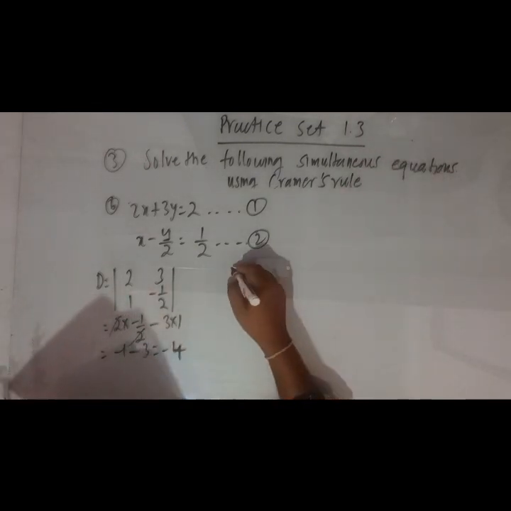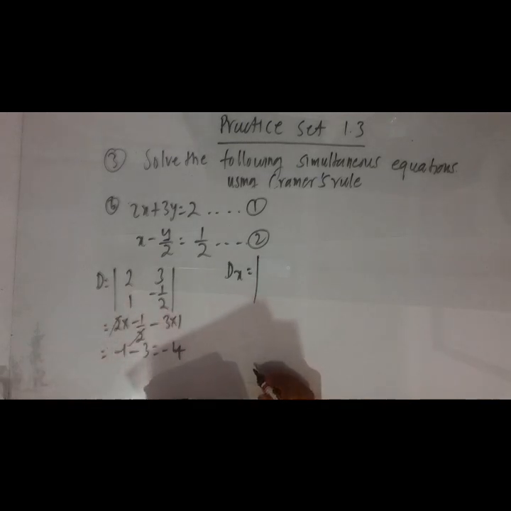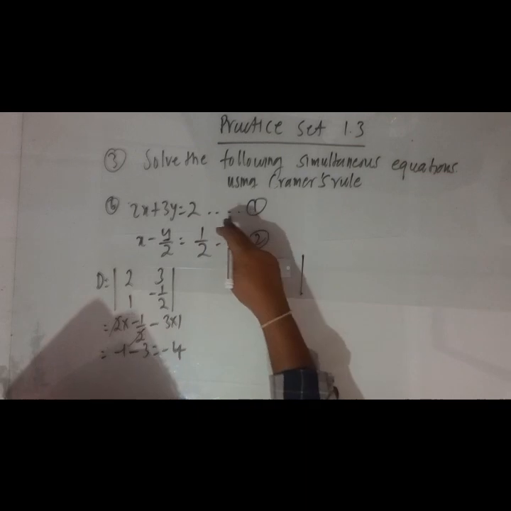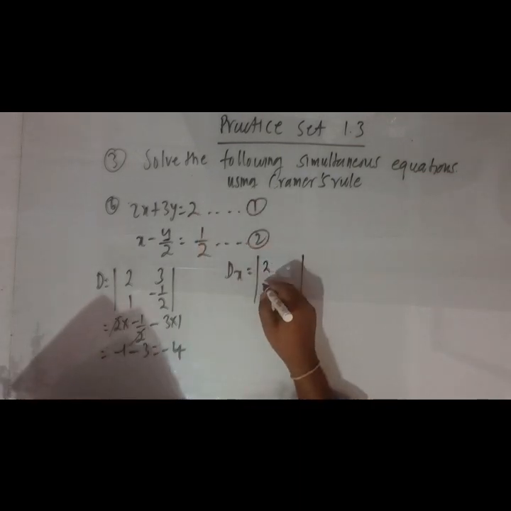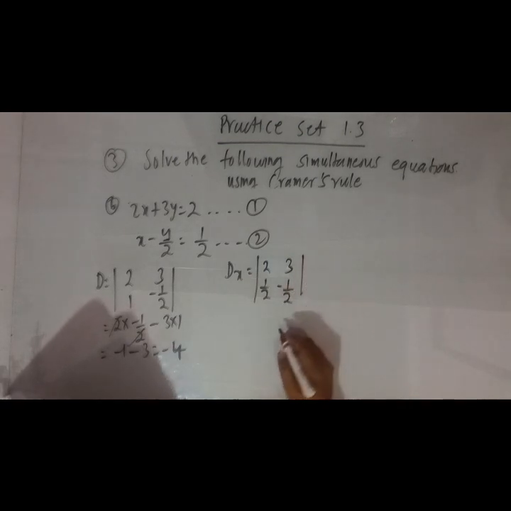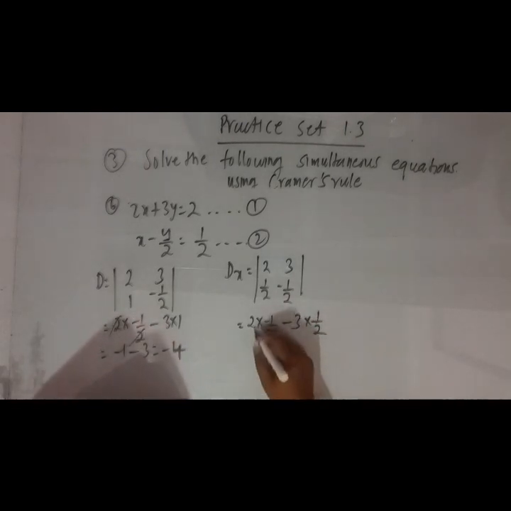Now let us find dx. Write down the determinant for dx. For x we put the constants 2 and 1.5, and for y it will be 3 and minus 1 by 2. So 2 into minus 1 by 2 minus 3 into 1.5.